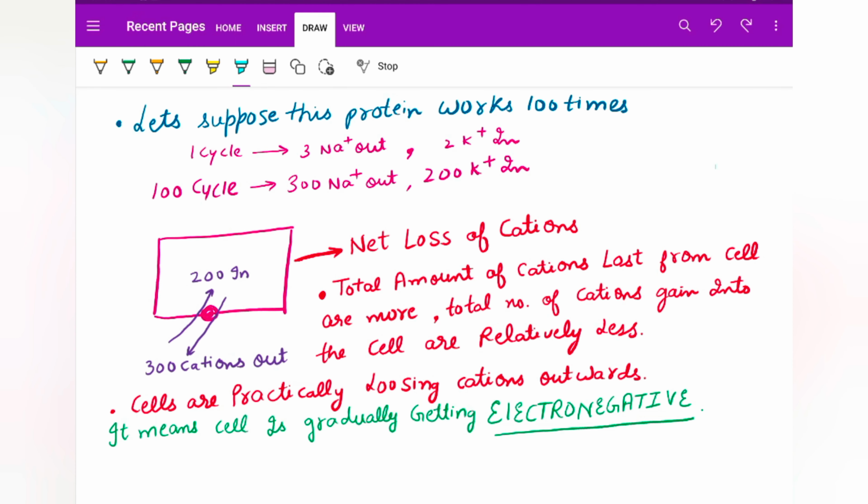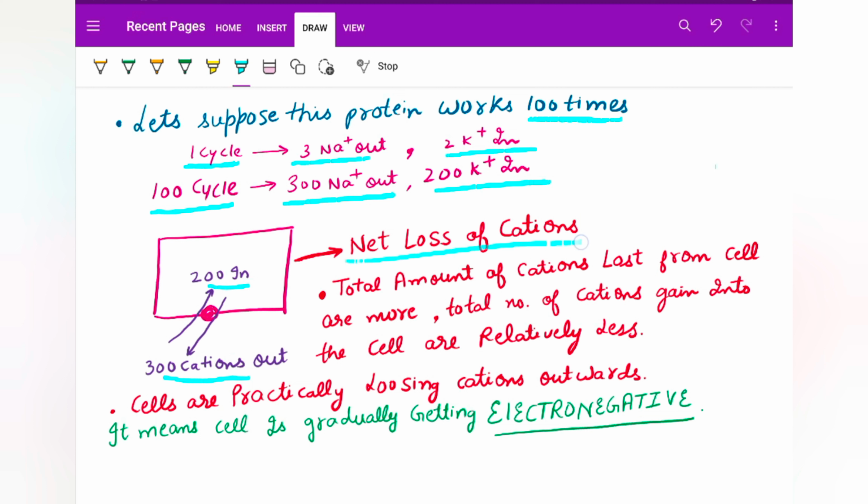Now let's suppose this protein works 100 cycles. In one cycle the stoichiometry is 3 to 2, 3 Na+ out and 2 K+ in. So in 100 cycles it is going to be 300 Na+ out and 200 K+ in. Na+ and K+ both are cations, so 300 cations go out and 200 cations come in. So there is a net loss of cations.